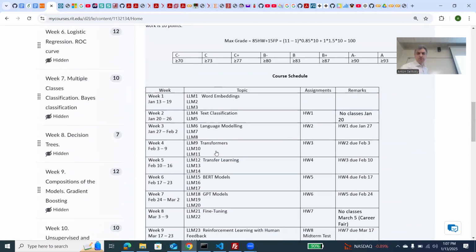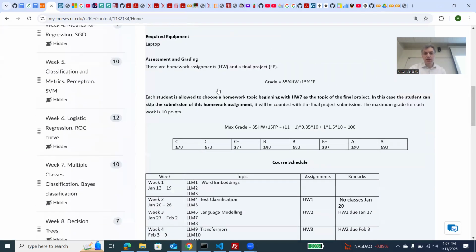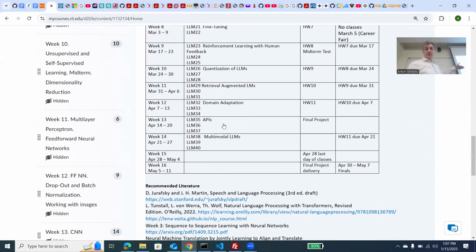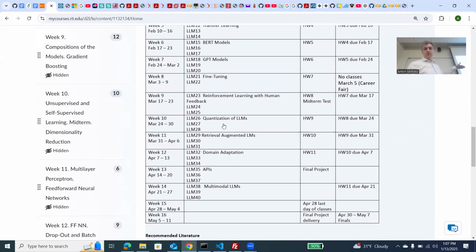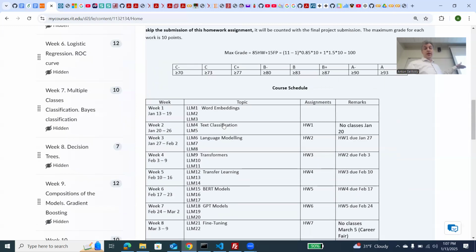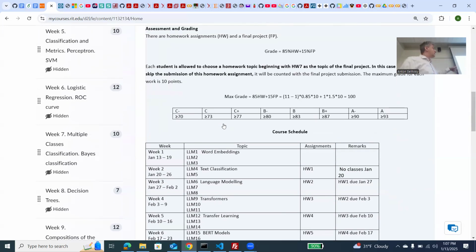We will have 10 homework assignments, but beginning from homework 7, the topics will be more complicated, like retrieval augmented generation, quantization, or reinforcement learning. So beginning from homework 7, you can choose one of the homeworks as your final project, because the homeworks will be very large. So in this case, you don't need to do this homework.